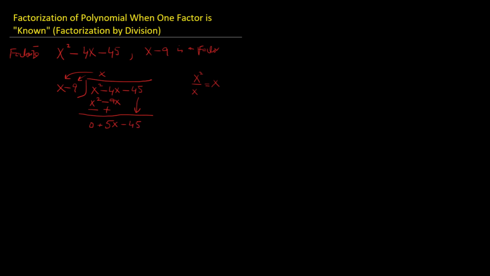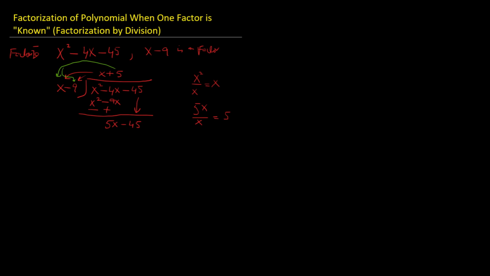You don't have to write this 0, I just delete this. Now you again divide the first term with the first term. 5x is the first term and x is the first term of the divisor. You get plus 5. So you put plus 5 here and multiply this with both of these terms.